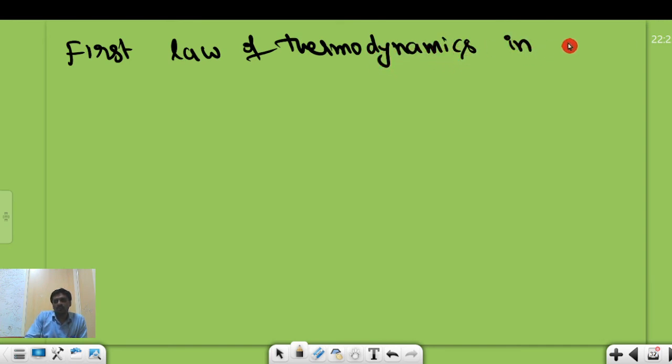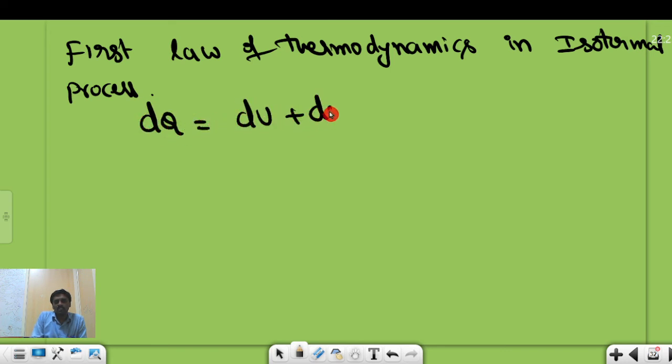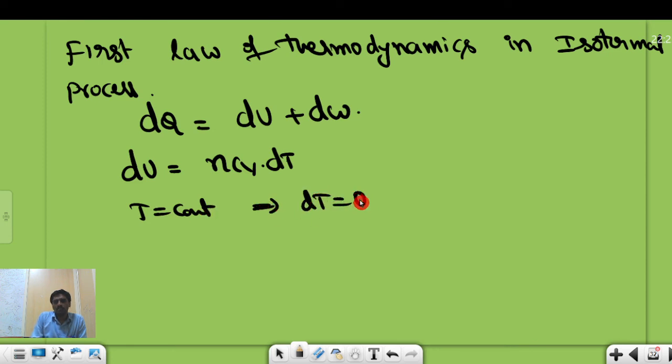Now I am recalling the first law: dq is equal to du plus dw. You are already familiar with du is equal to nCv into delta T. But in our process the temperature is constant, so dT is equal to 0. Then du is equal to 0 because of dT is equal to 0.